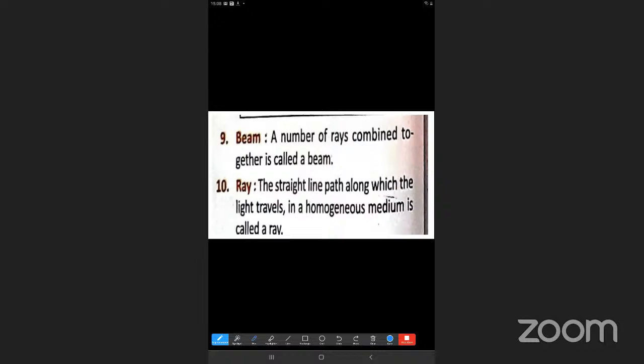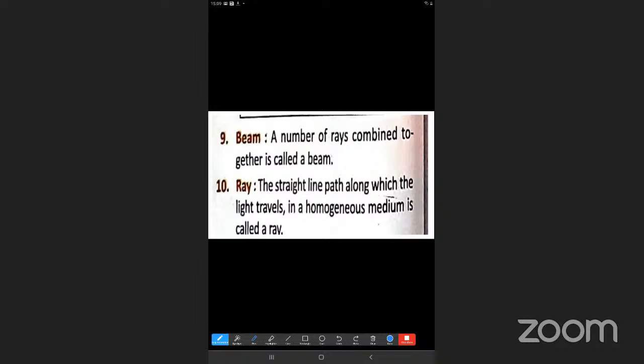And next one, beam. A number of rays combined together is called a beam. And next, ray. The straight line path along which the light travels in a homogeneous medium is called a ray.